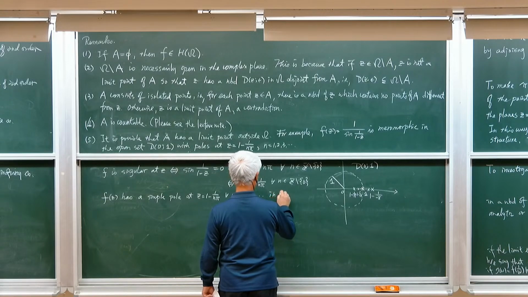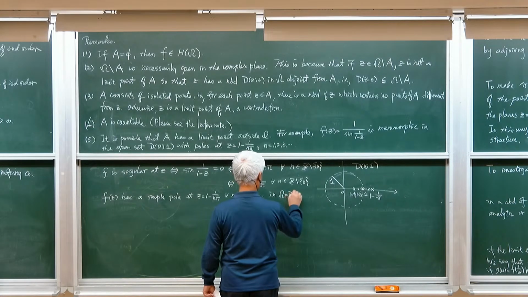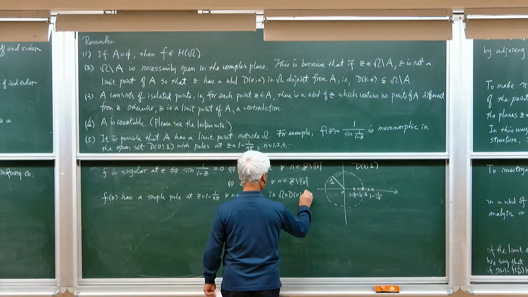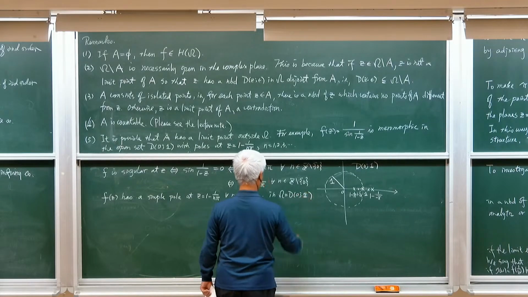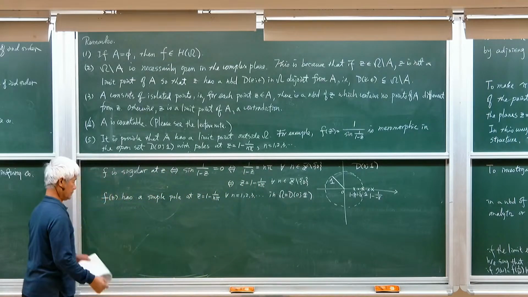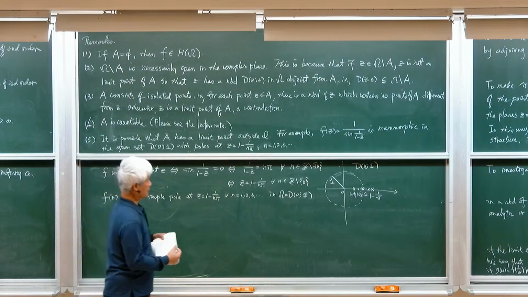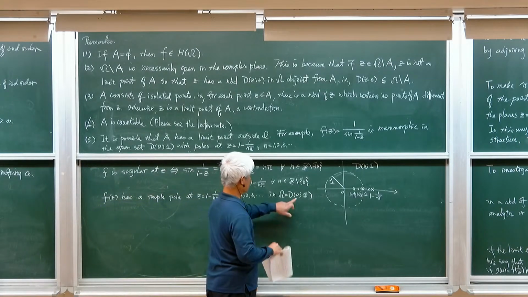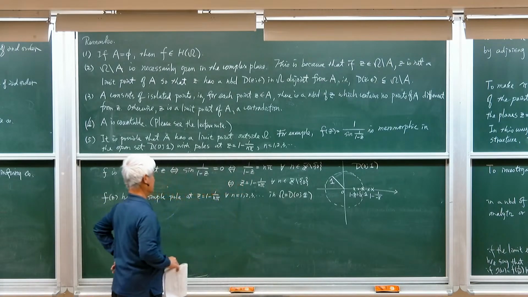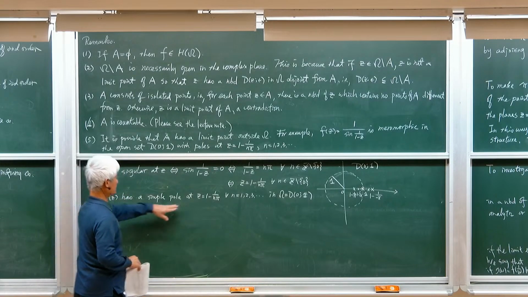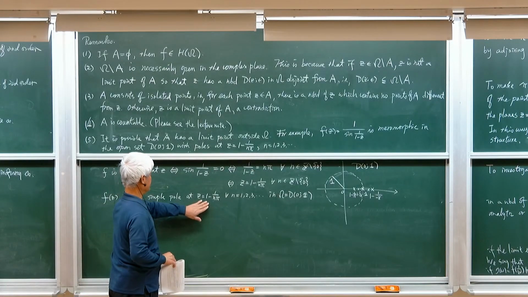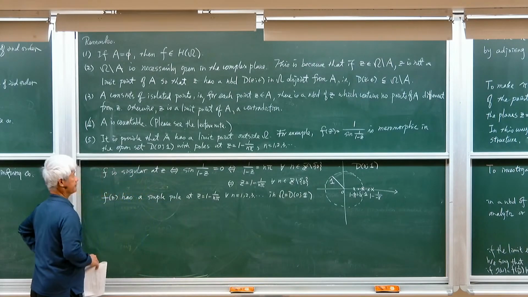In the omega, which is the open unit disk here, these poles will be simple poles.